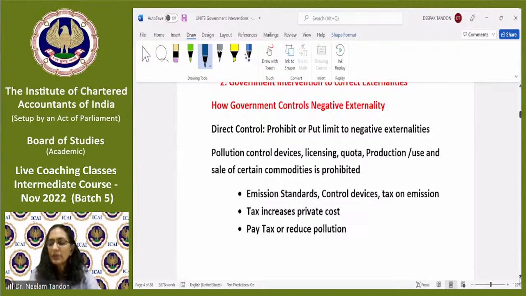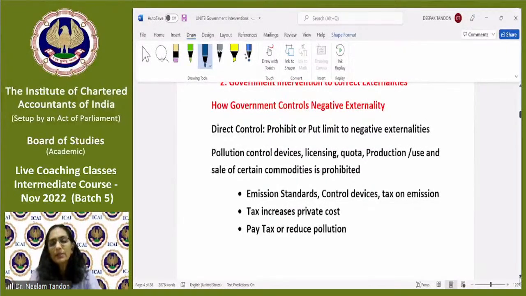Now, the cracker industry in India has lost business like anything over the period of time because the government has put huge taxes and limits on them, that you cannot go for sales beyond this or procurement beyond this. Negative externalities. So for negative externalities, the government tries to prohibit or put restrictions.